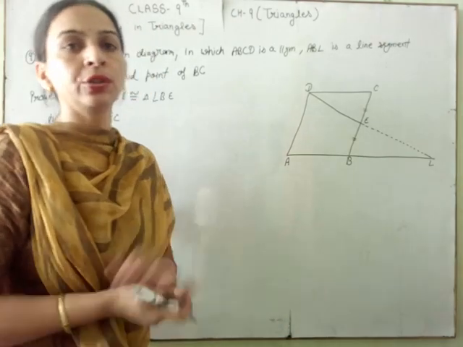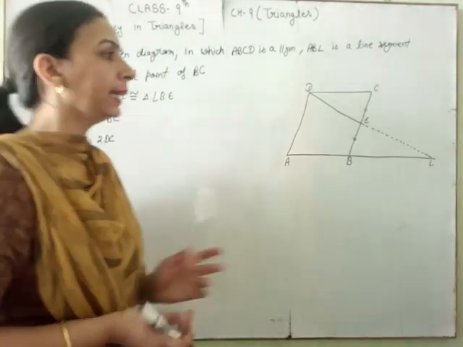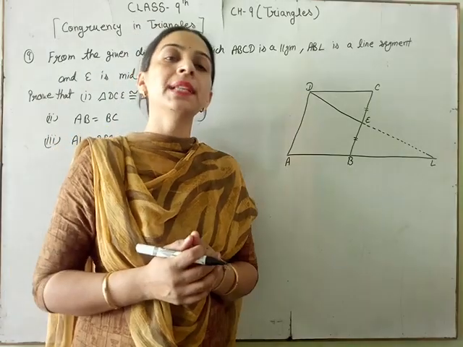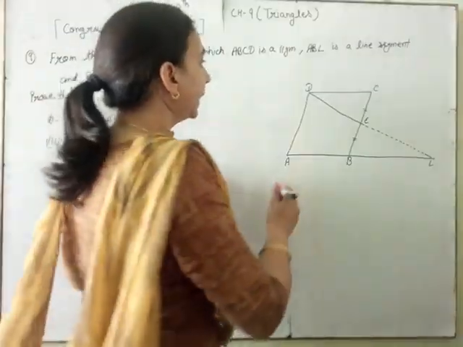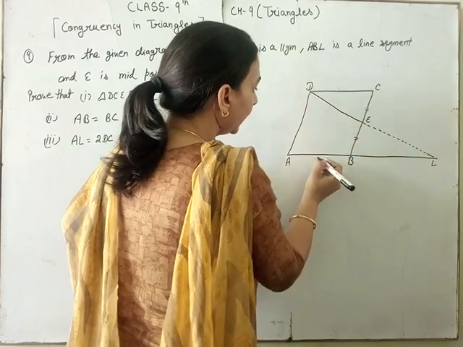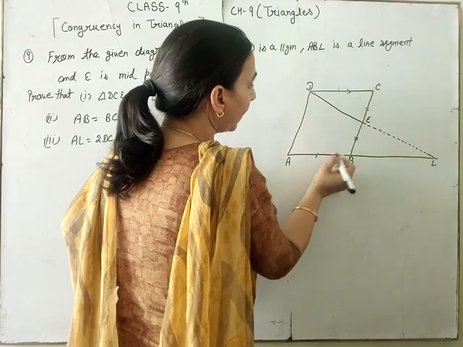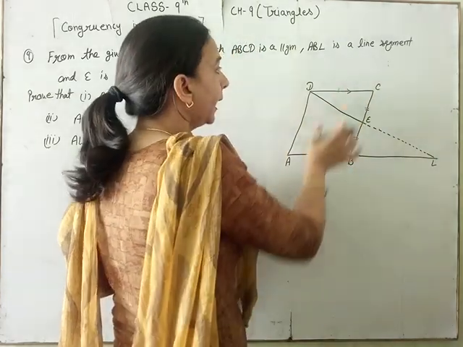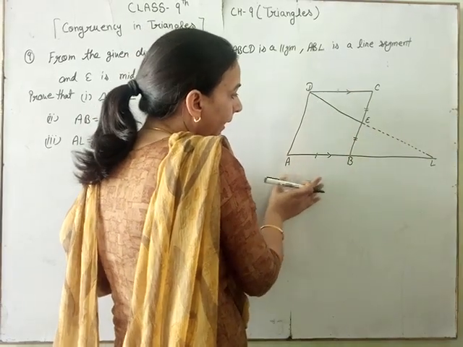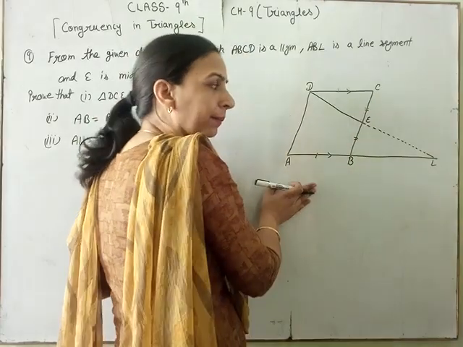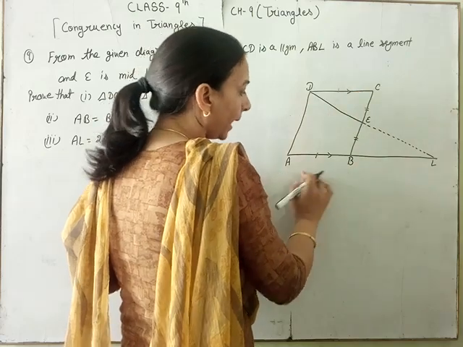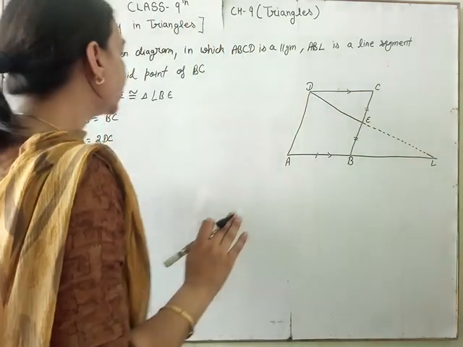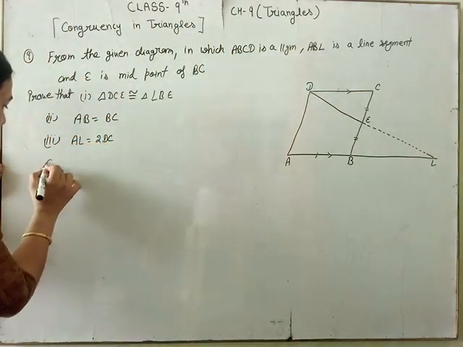Students, according to parallelogram ABCD, opposite sides of a parallelogram are equal and parallel. Then we write DC equals AB and DC parallel to AB. If DC is parallel to AB and ABL is a complete line segment, then DC is also parallel to the complete AL. First we write the given things.